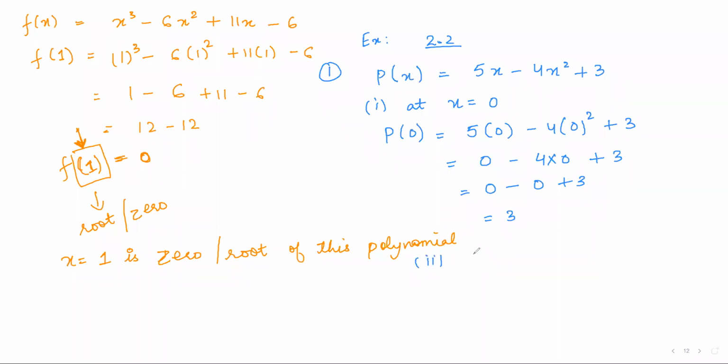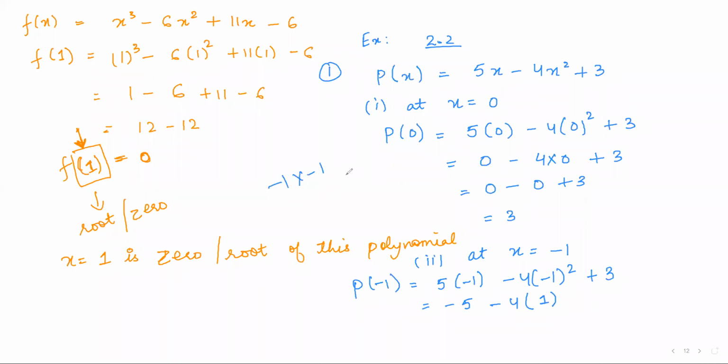Second, at x is equal to minus 1. So p(-1). What does it become? 5 into minus 1 minus 4 into minus 1 whole square plus 3. So you get minus of 5 minus 4. Now minus 1 into minus 1, you will get plus 1, right?